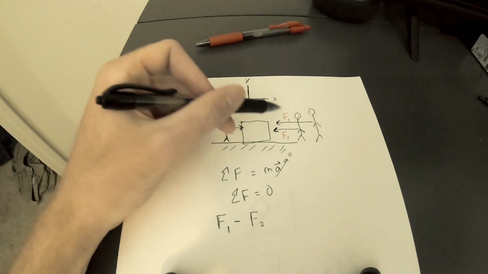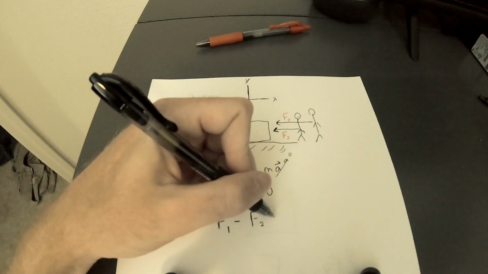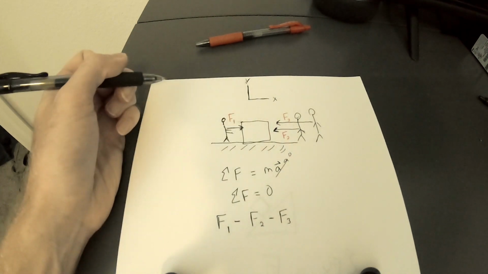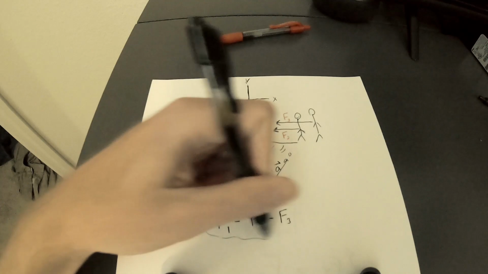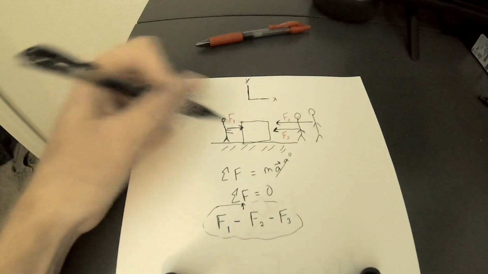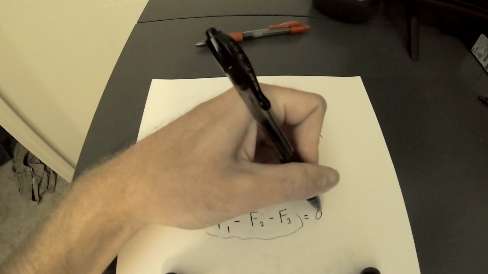Same thing with F3. F3 is going this way in the negative x direction. So you're going to subtract F3 from there. Then all of that is your sum of your forces. So you're going to equal that to 0.